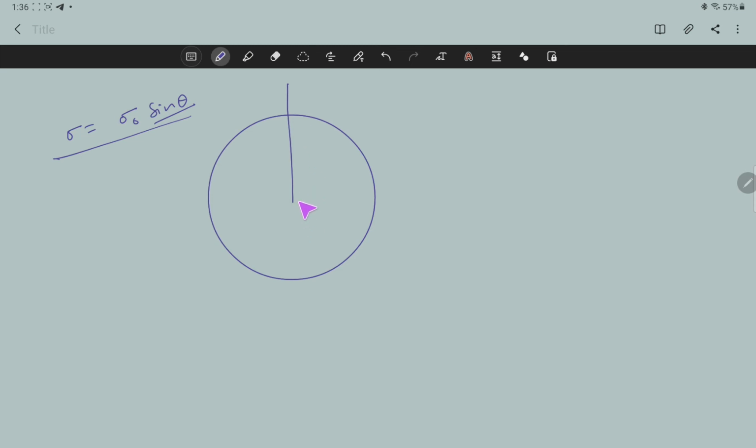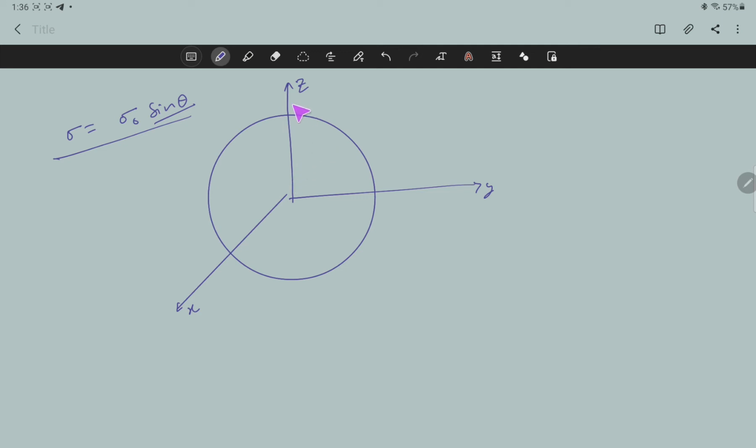Suppose this is the z axis, and these are the x and y axes.